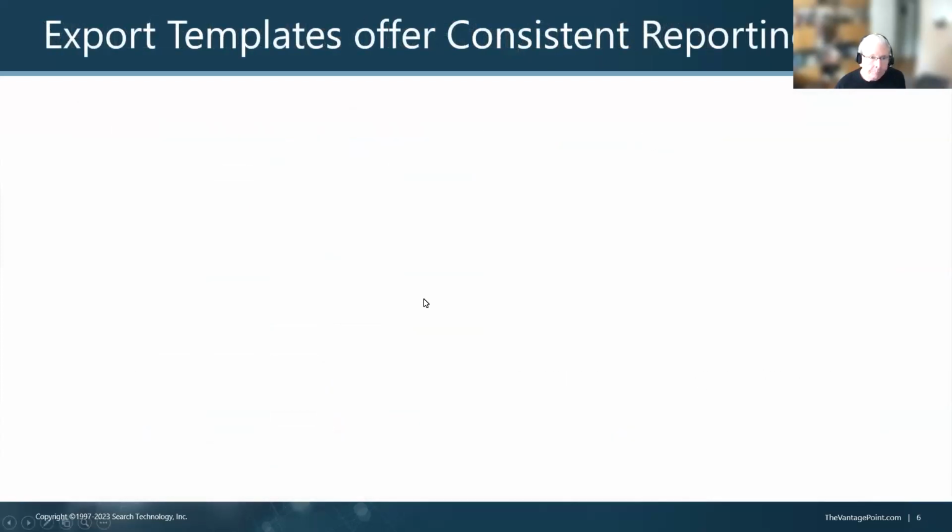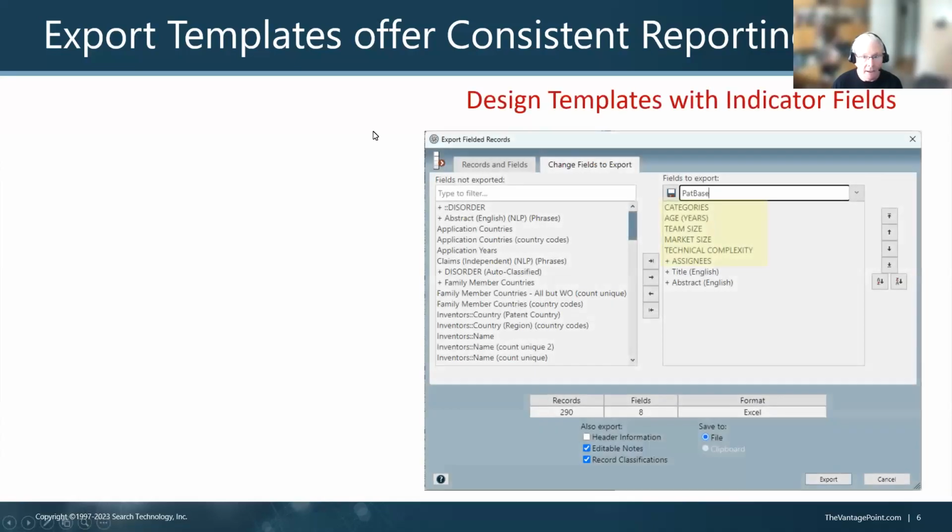So in this whole process, templates. Once you've built a template that recognizes these fields and their names, team size, age in years, technical complexity, that would be a field name that your template would recognize, and you could then take advantage of that throughout the analysis, and I'll demonstrate that.